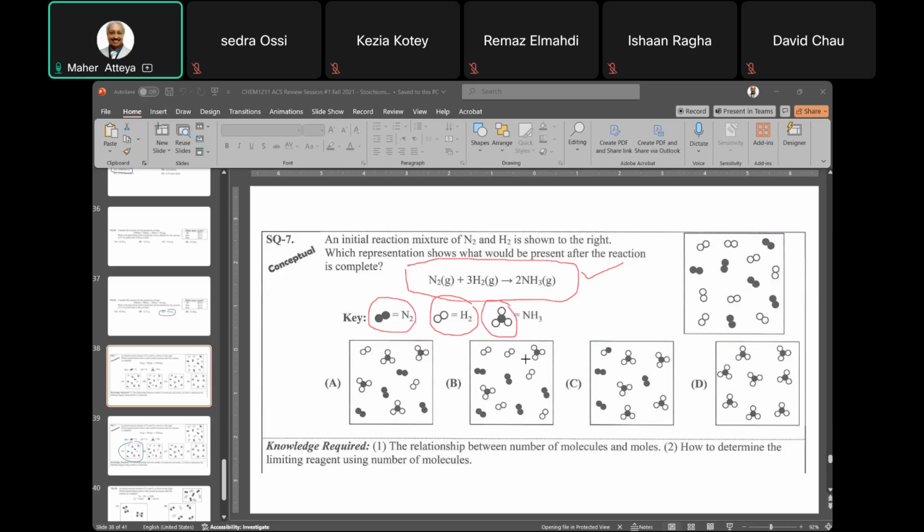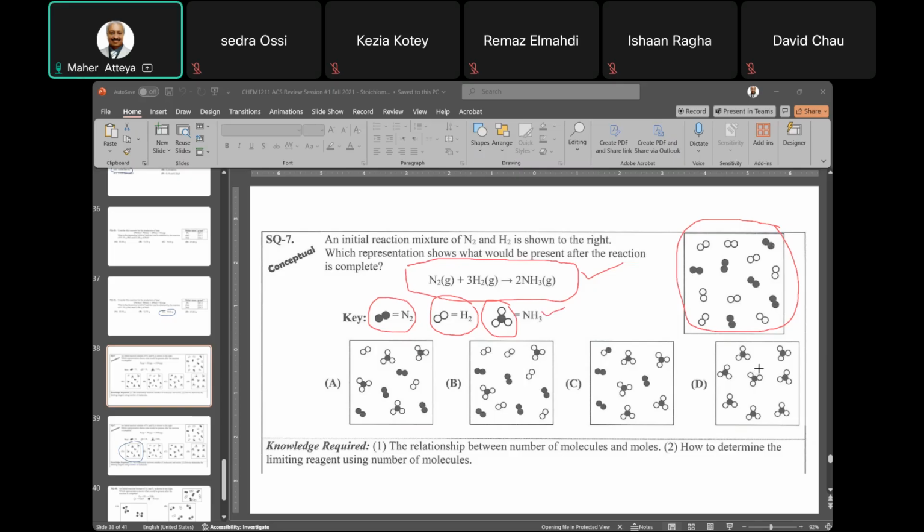So which one of those is correct? That's the key here, those molecules, each molecule by itself. Okay, so you have nitrogen and you have hydrogen. That's before the reaction. This is the picture before the reaction. When you let them react, they will give you ammonia, which is this one here. So which one of these is correct?